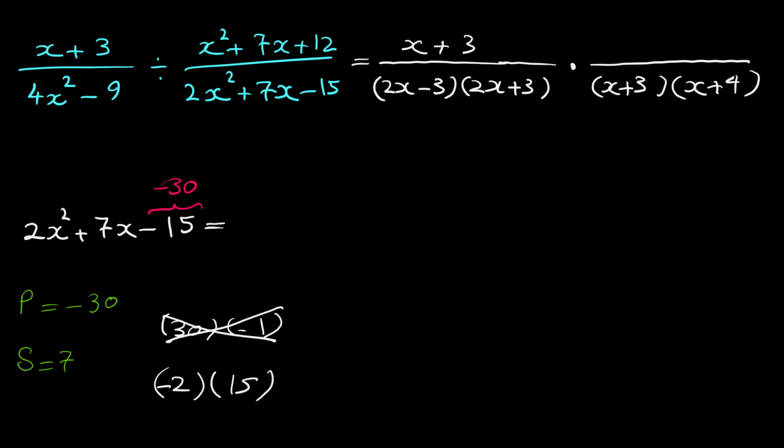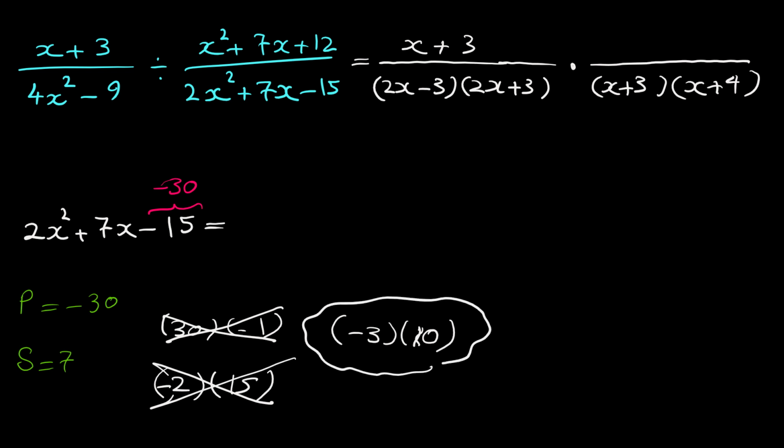Negative 2 times 15 is negative 30, but negative 2 plus 15 is 13, so no. What about negative 3 times 10? Negative 3 times 10 is negative 30. Negative 3 plus 10 is 7. So these are the numbers that we are looking for.